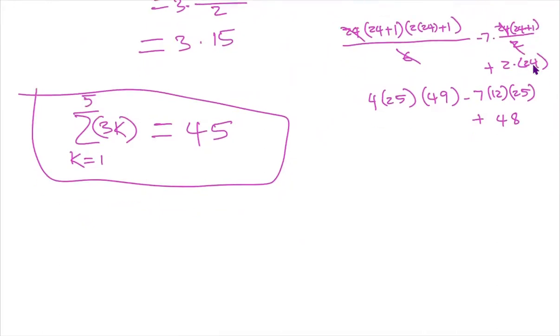Now we're going to finish this using your graphing calculators. That's 4 times 25 times 49 minus 7 times 12 times 25 plus 48, so that's 2,848.